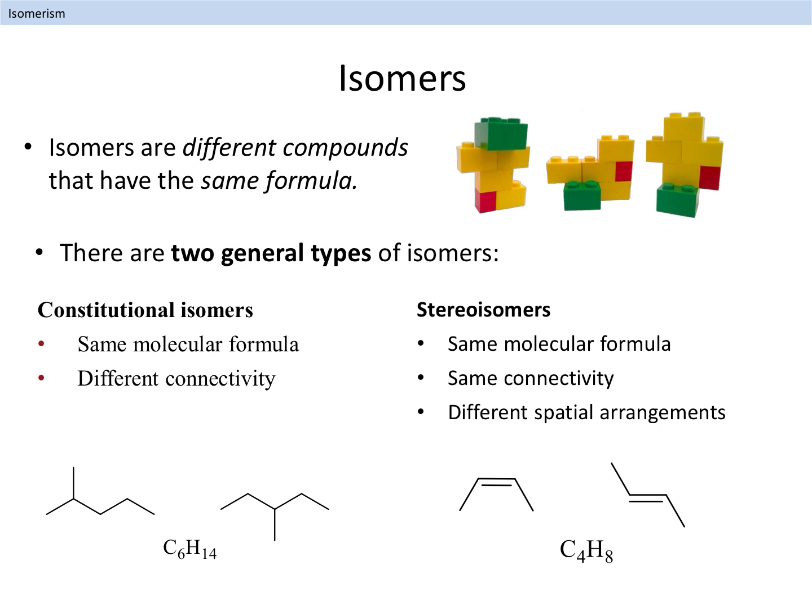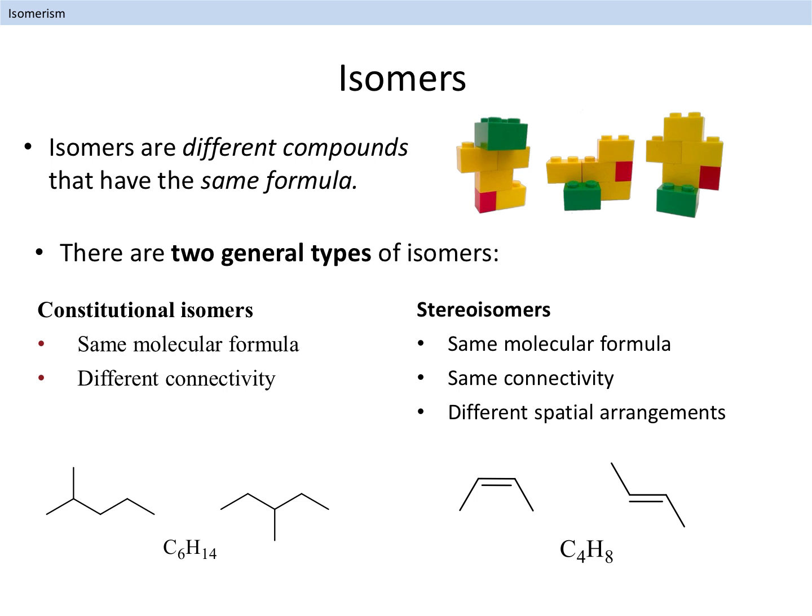Constitutional isomers have the same molecular formula, as all isomers do, but they differ in how their atoms are connected to each other. For example, consider the 2 structures shown here. Both have the same number of carbons and hydrogens, but their connectivity differs, making them distinct compounds with different names, properties, and uses. Constitutional isomers, however, are not the only type of isomer.